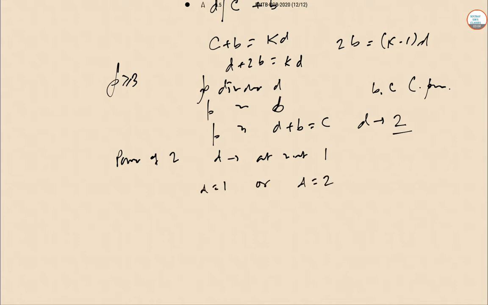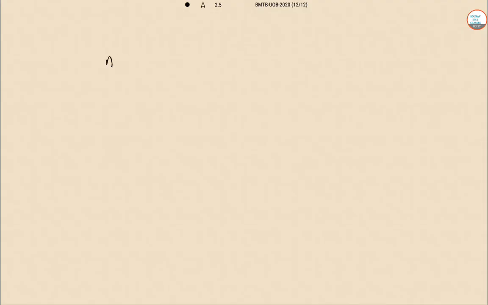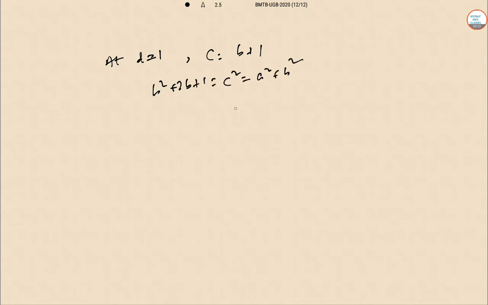Now at d equal to 1, c equal to b plus 1, so b square plus 2b plus 1 equal to c square equal to a square plus b square. So a square equal to 2b plus 1. It follows that a is odd.